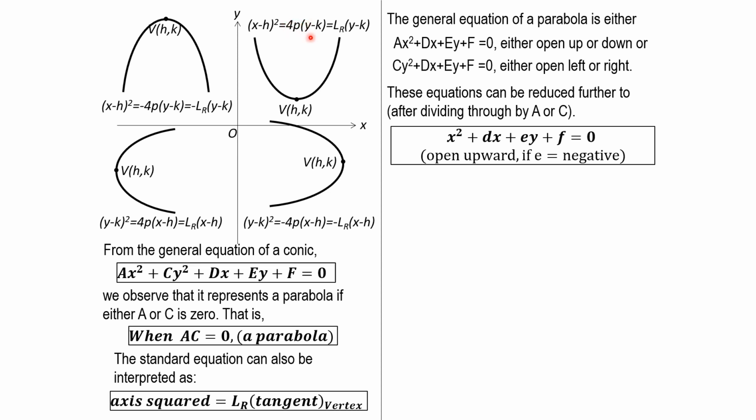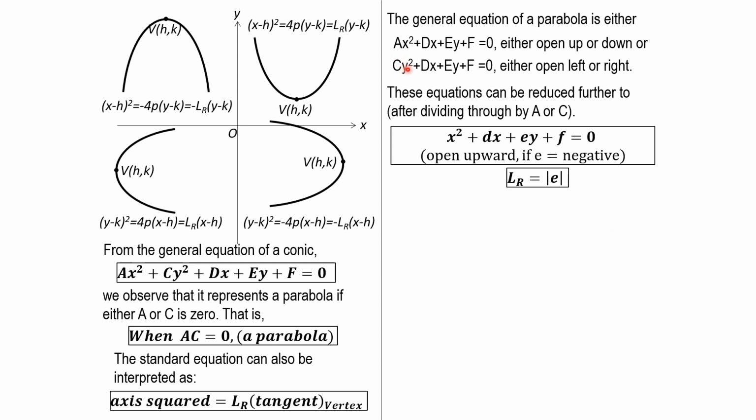So the coefficient of y, which is the first degree term opposite to the squared term, is the length of the latus rectum. To make sure, because latus rectum is always positive, we have to obtain the absolute value. So absolute value of e is the length of latus rectum.